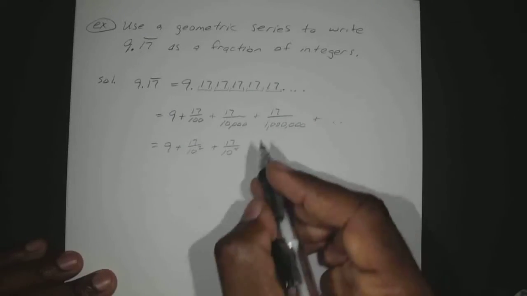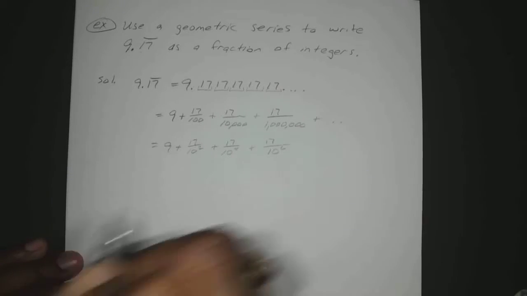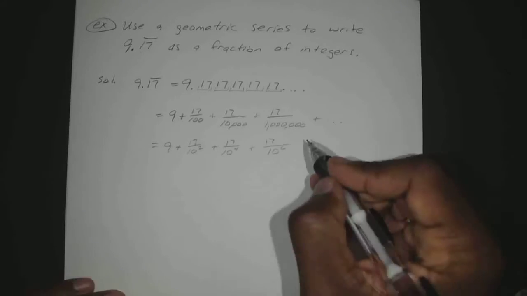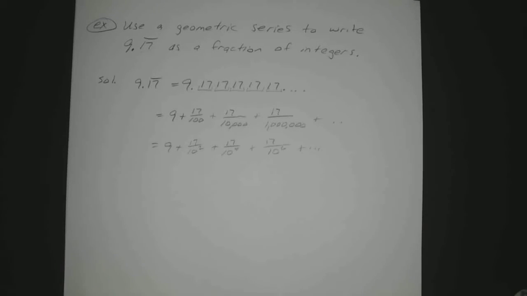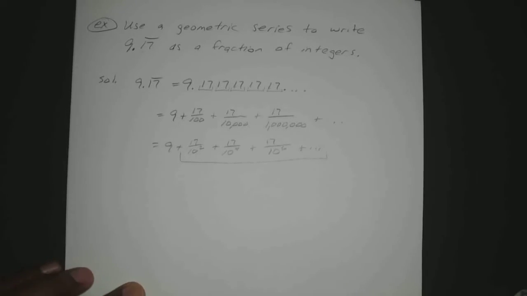A million, we can write that as 10 to the 6th power, 17 over 10 to the 6th. All you got to do is look at how many zeros, and that's how you know what your exponent's going to be. And it just keeps on going from there. Okay, so for right now, we're going to ignore the 9 temporarily, because that 9 is not going to change. It's always going to be a 9. And we're just going to focus on this.